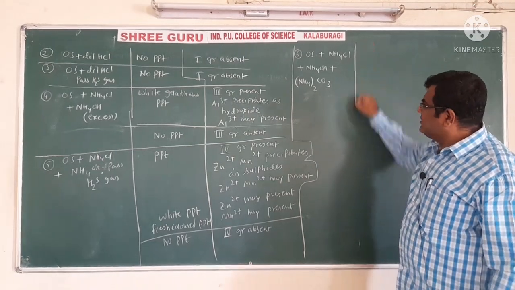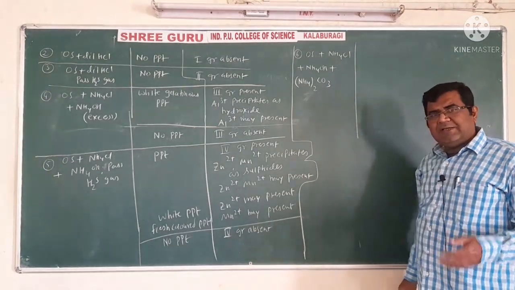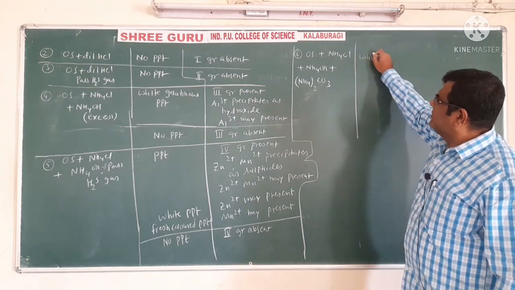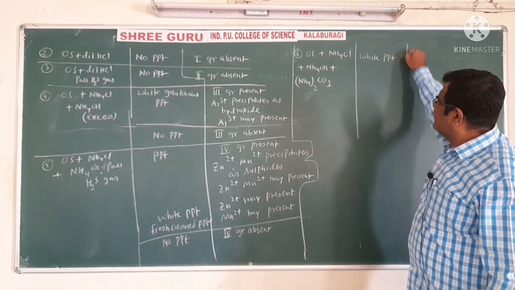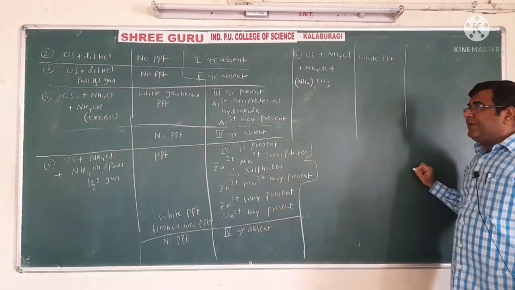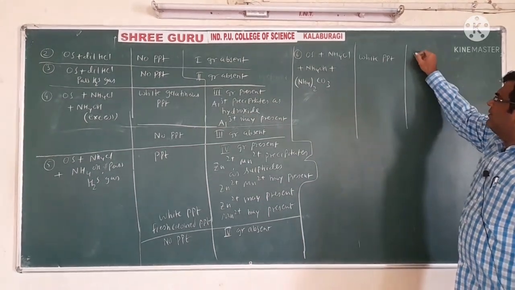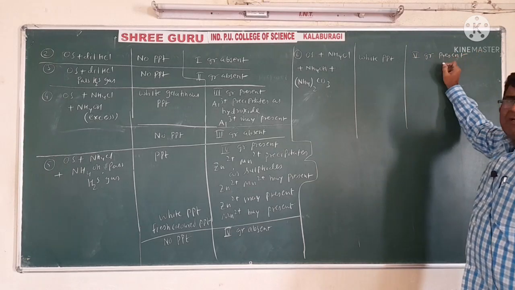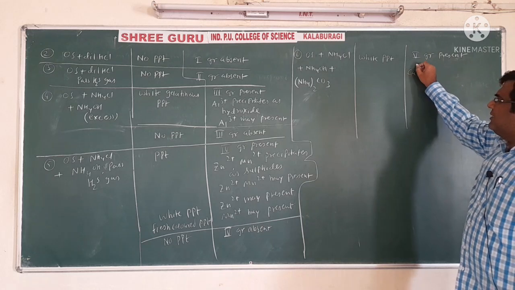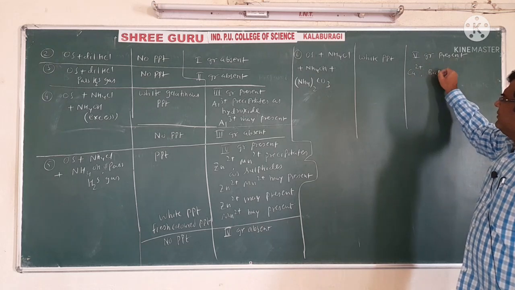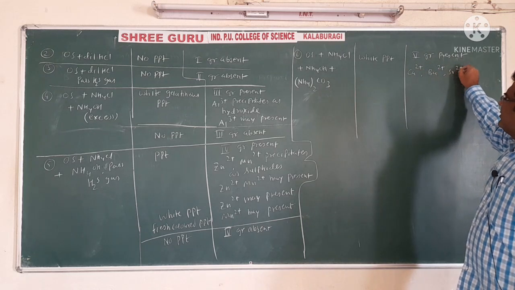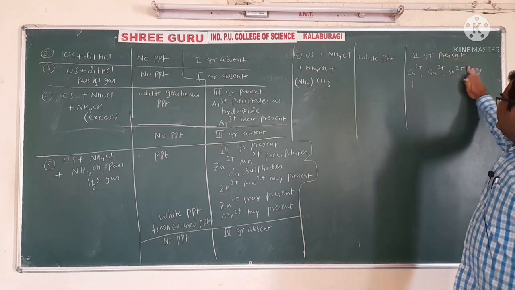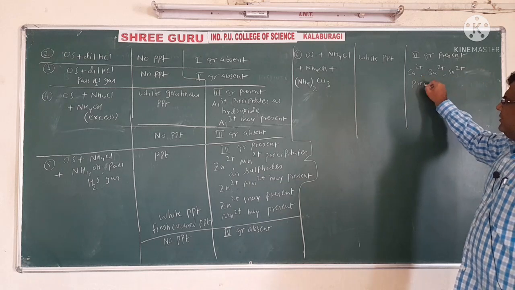If we do that, and if our radical is present in fifth group, we will get the white precipitate. What type of inference can we write? We can write that fifth group present, and you can write that there are three radicals: calcium, barium, strontium may precipitate.